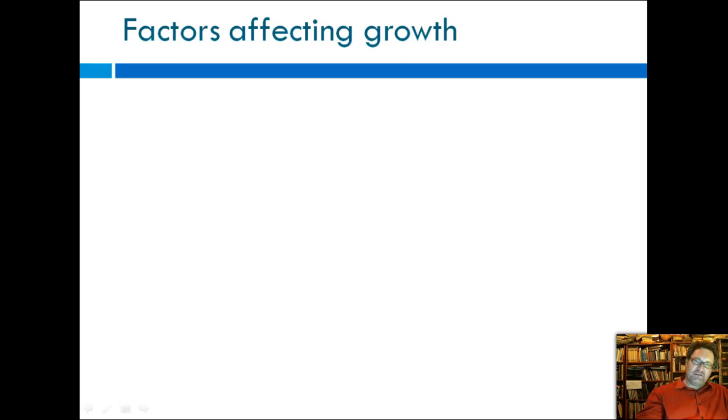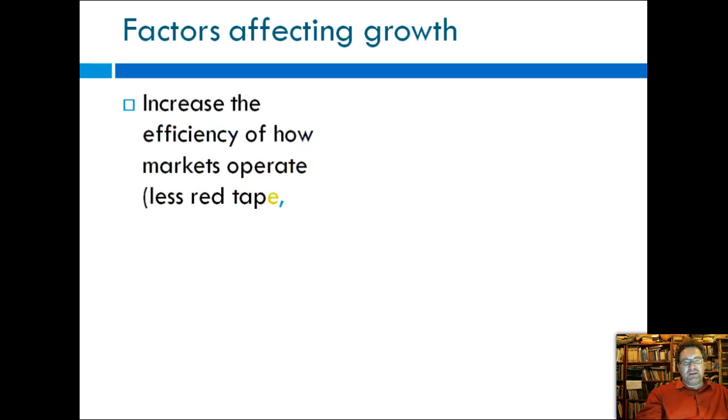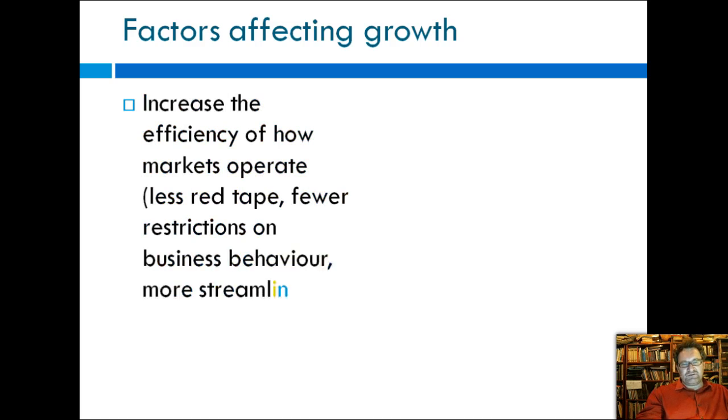Lucky last way in which you can increase the productive capacity of a country is by increasing the efficiency of how markets operate.